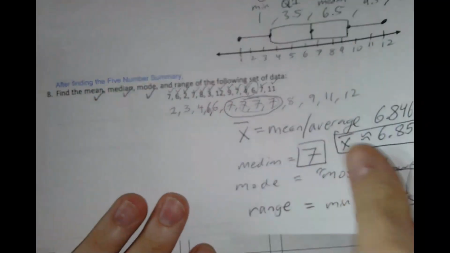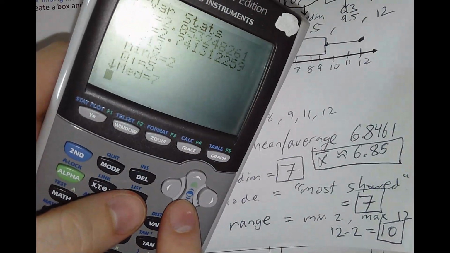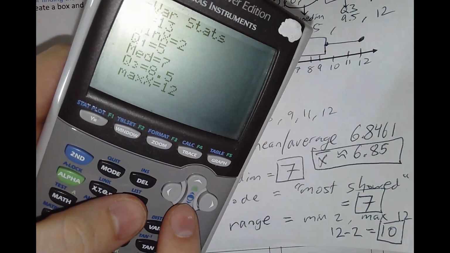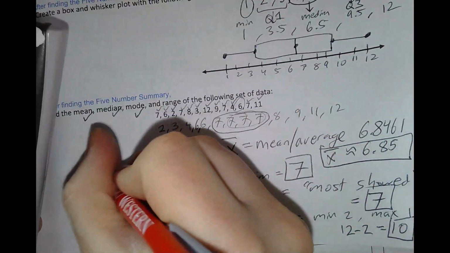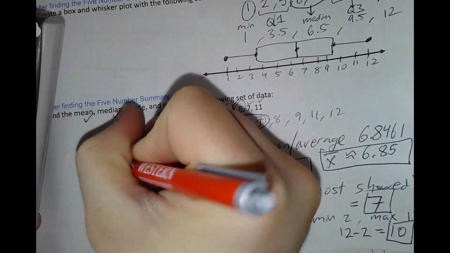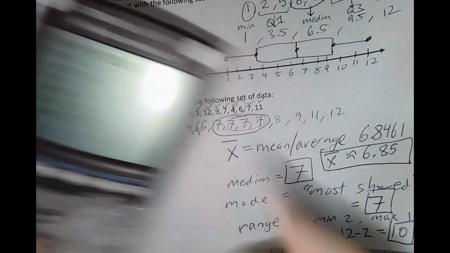Okay, our last thing is to just write our 5-number summary. And check out how easy this is. If we go to our graphing calculator, scroll down, look at those 5 numbers that are right there written for us. The minimum is 2. Quartile 1 is 5.